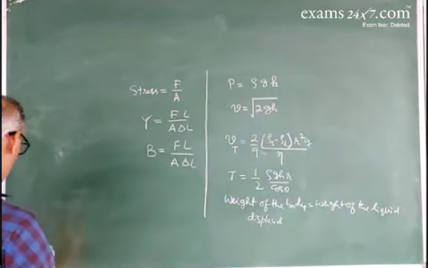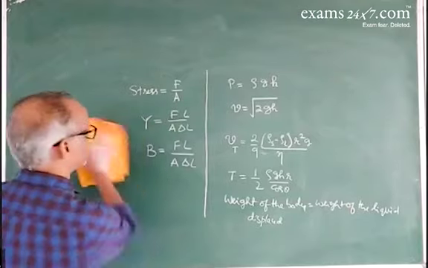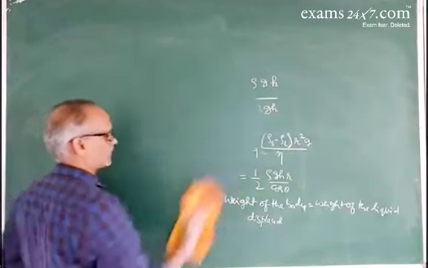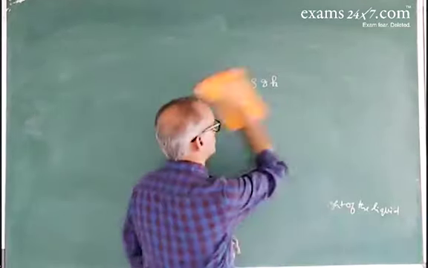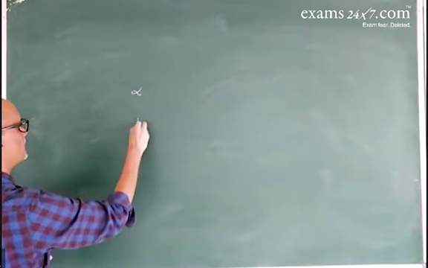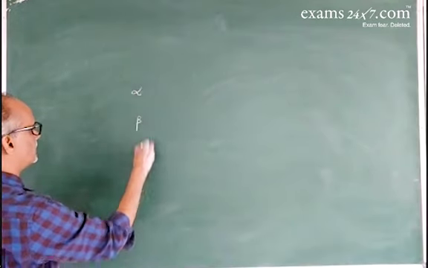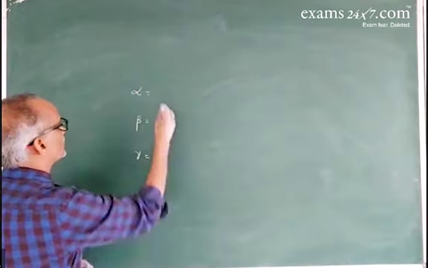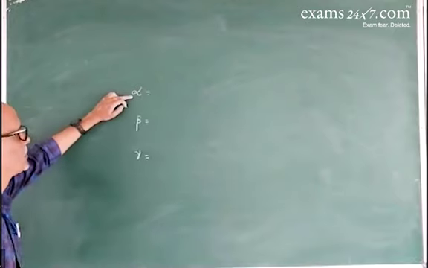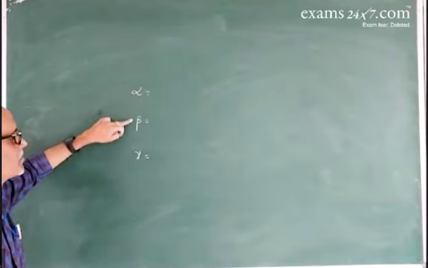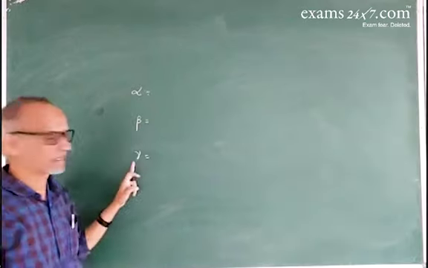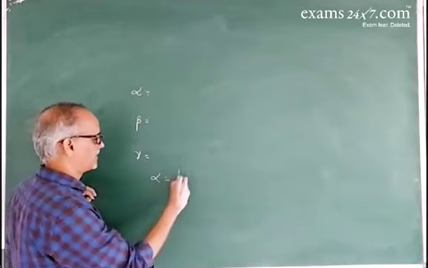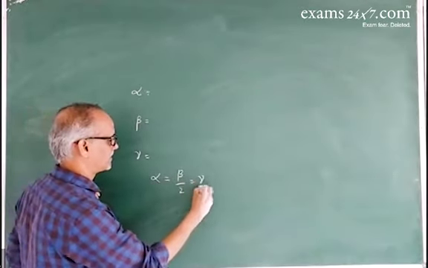Next, in thermal properties of matter, the first equations are related to expansion of the solid, that is alpha, beta, and gamma. Alpha is the coefficient of linear expansion, beta superficial expansion, and gamma cubical expansion. So alpha is equal to beta by 2, gamma by 3.